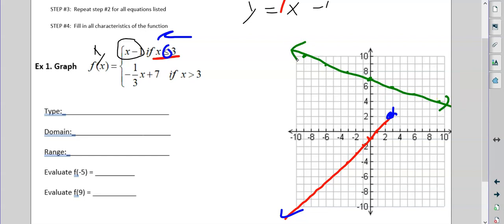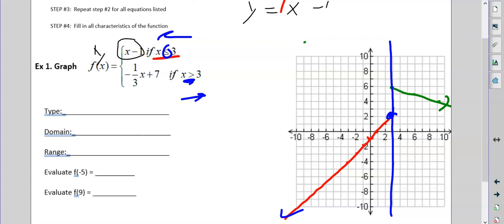But we don't want the entire line. Again, we're cutting it at 3. But notice it is greater than. So first off, if it's greater than, we want right of that line. So we don't want any of this.